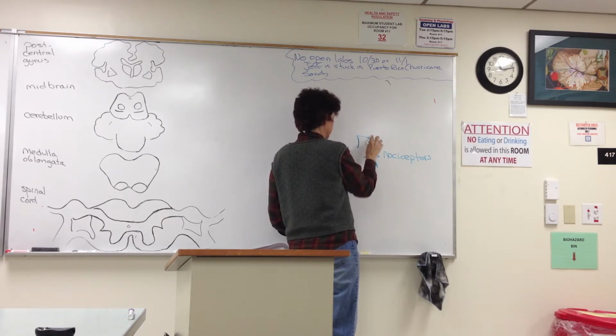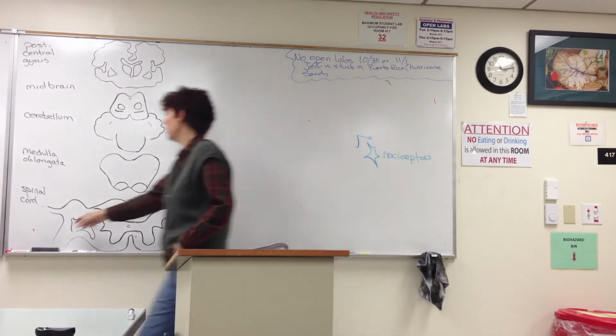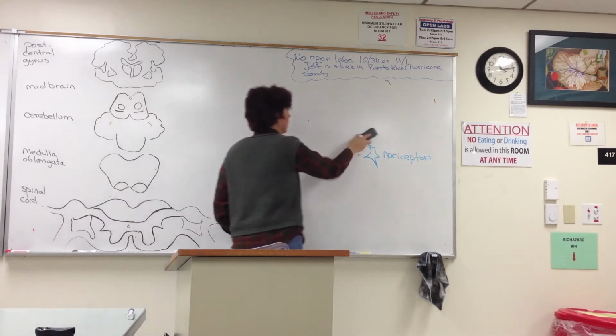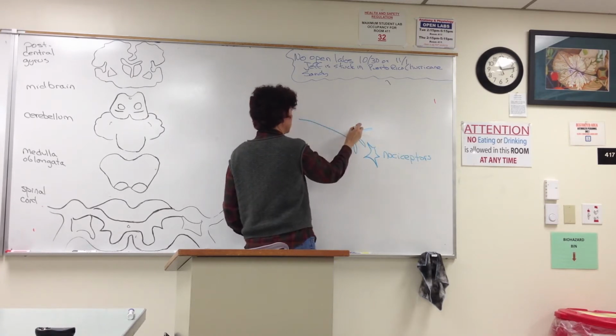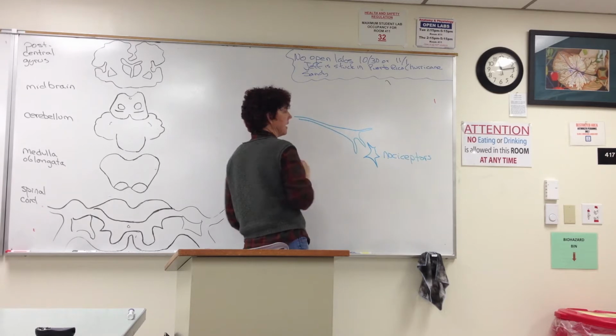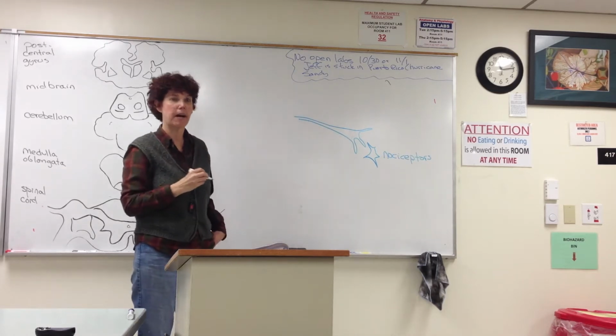with dendrites. Remember, our sensory neurons have dendritic ends, and then a very long process that carries that back to the cell body.